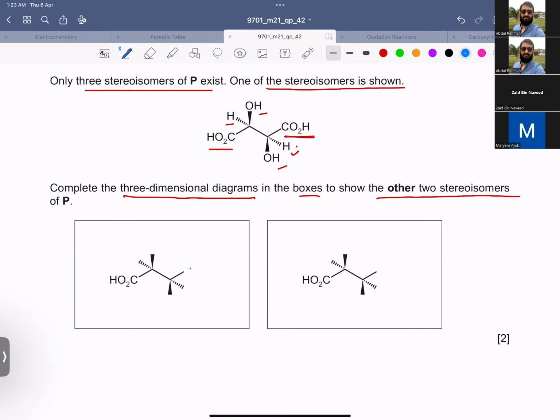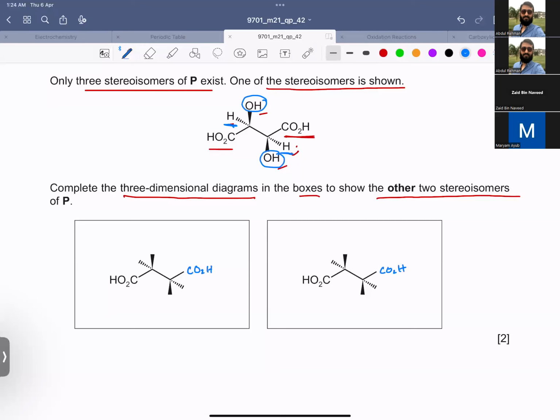So the easiest way is to keep the carboxylic acids both on the plane. And if you see here, both the hydrogens are below the plane, right? And both the hydroxyls are above the plane.